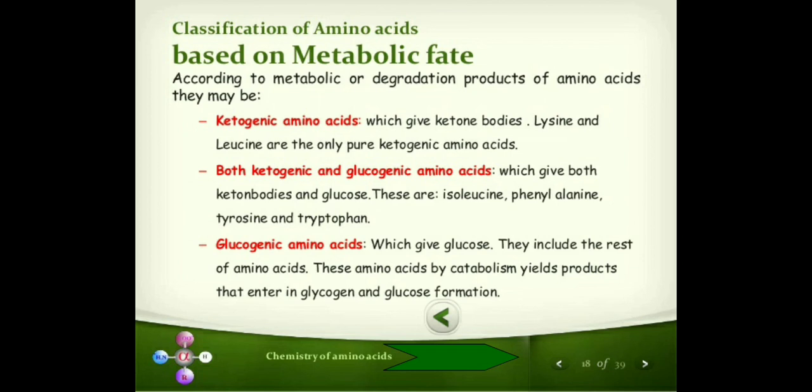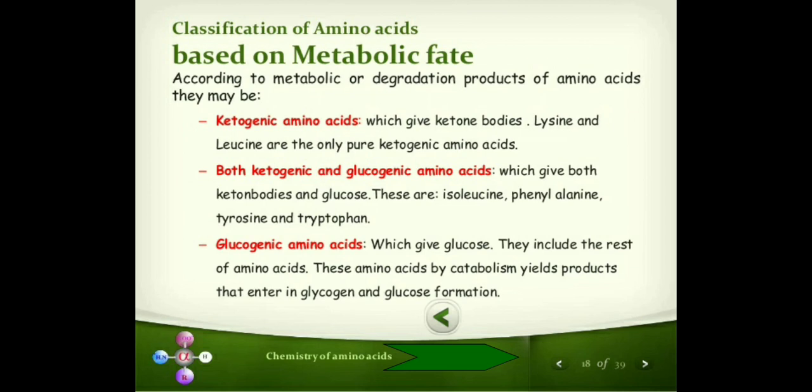Both ketogenic and glucogenic amino acids are those that yield both, according to the demand of the cell. They are isoleucine, phenylalanine, tyrosine and tryptophan. These four amino acids, according to the need of the cell, can be broken down either into ketone bodies or into glucose.